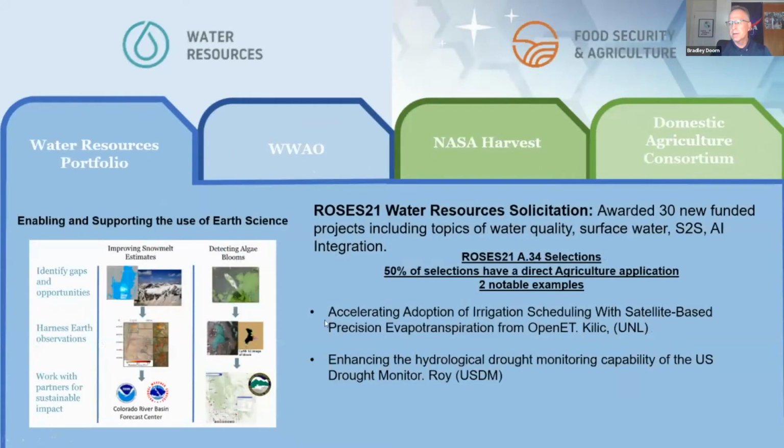So our ROSES process, like I said, over 50% had agriculture applications. A couple of them, I'm going to talk about our irrigation scheduling component activity. I heard a lot about AgMIP and a lot about, hey, we need to do multi-model assimilations. Well, we agree.